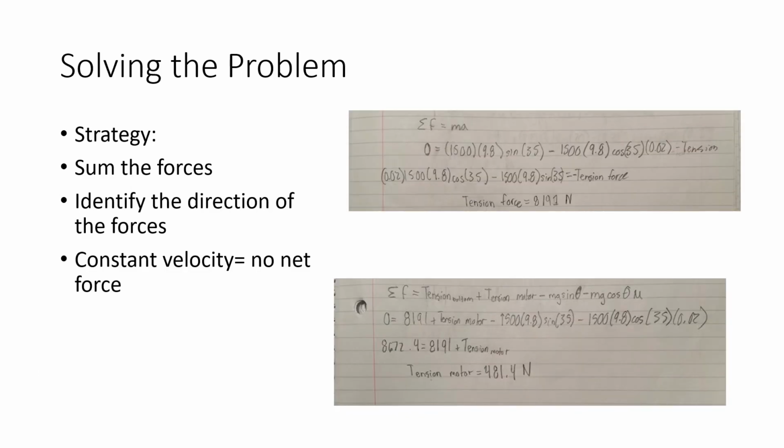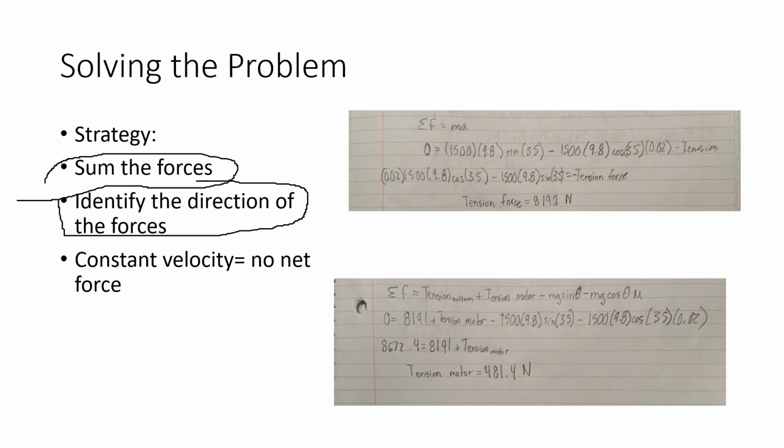So to solve the problem, we have to sum the forces. So when we sum the forces, at least for the bottom one, we get 0 because there's no net acceleration. And something that's really important here is to identify the directions of the forces and realize which ones are opposite to the other.